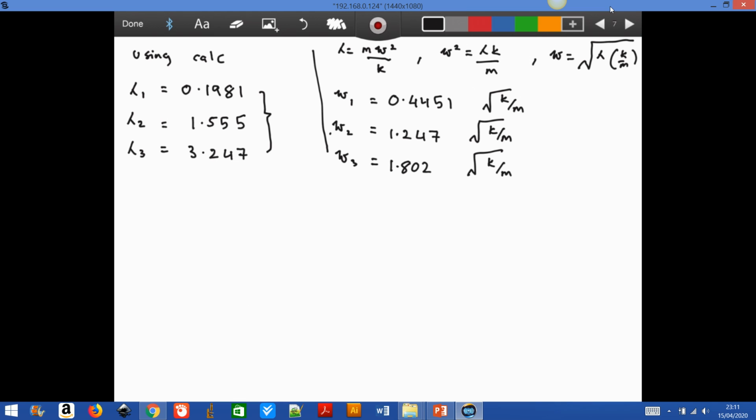Please try to do this again in order for you to understand better. So basically this is the answer for the natural frequency. Now, moving on to the third one, we're going to find the mode shape. The third one asks about the mode shape.